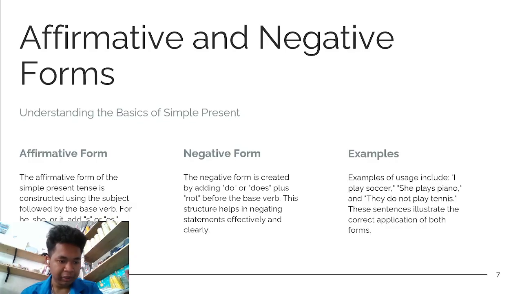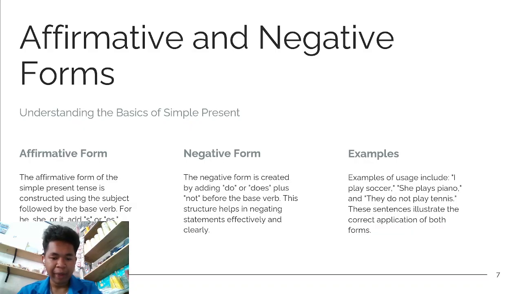The affirmative form of the simple present is constructed using the subject followed by the base verb. For example, for he, she, or it, just add s or es. Next, the negative form is created by adding do or does plus not before the base form.